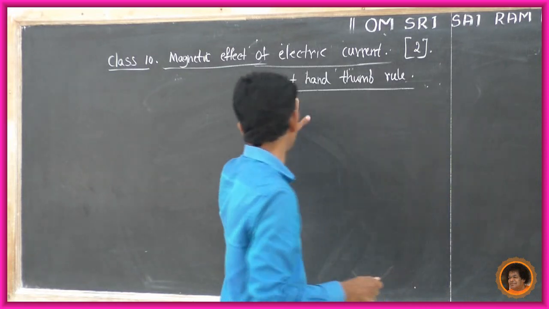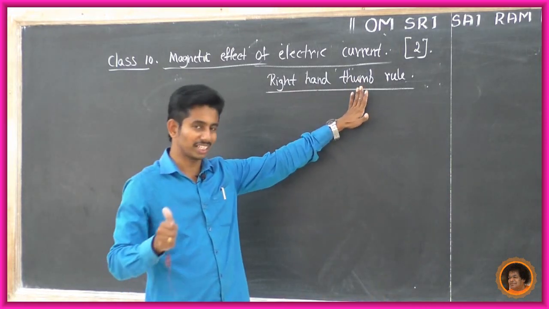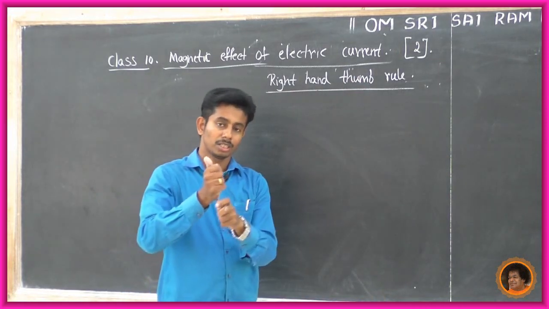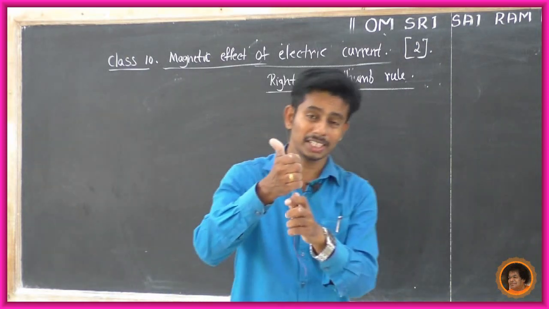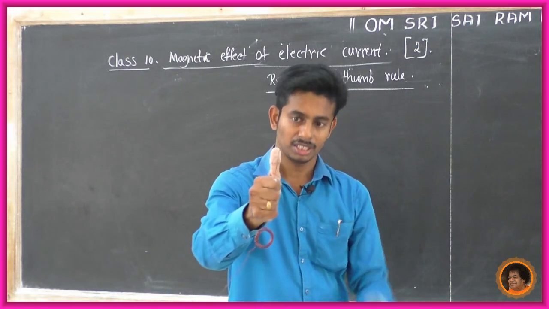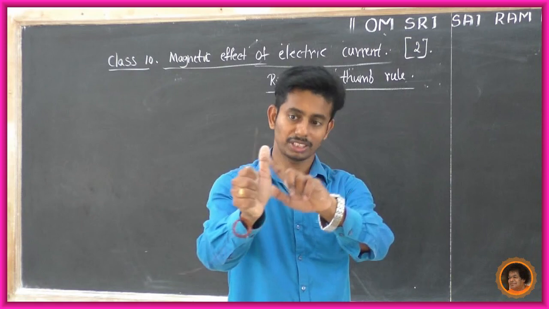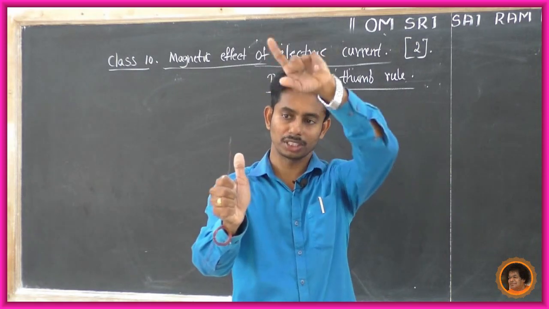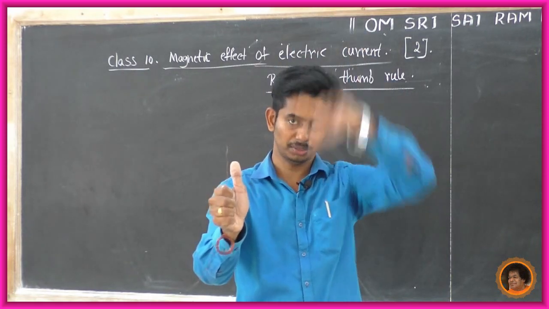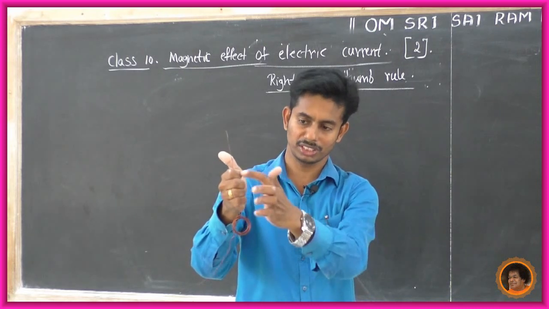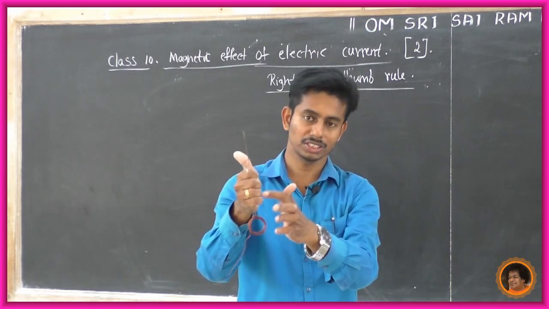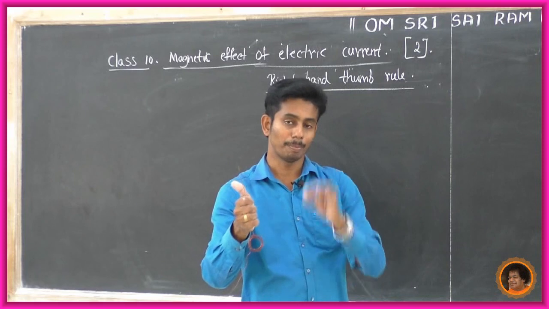This is called the right hand thumb rule. What is the rule? Hold the current carrying conductor in the right hand, with the thumb showing the direction of current, here upward. Then the rest of the four fingers show the direction of the magnetic field.